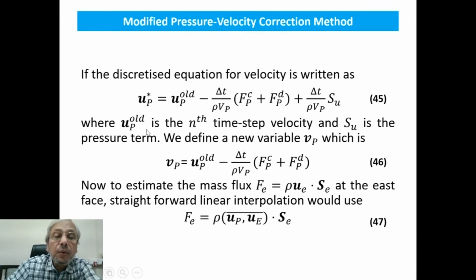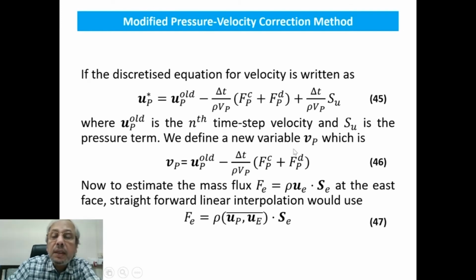Now UP old is obviously the nth time step velocity, UP^n, and SU is the pressure term. We now define a new velocity, which we have not worked with so far.